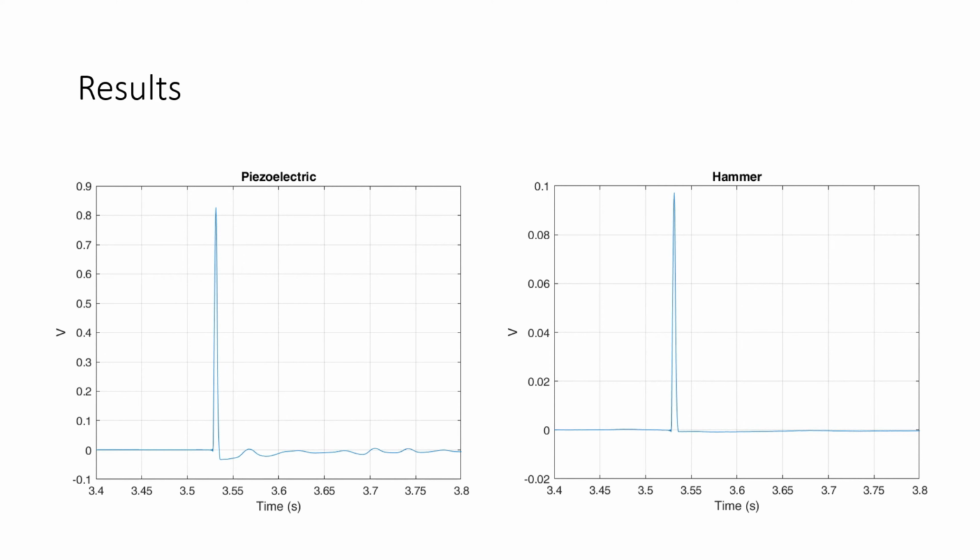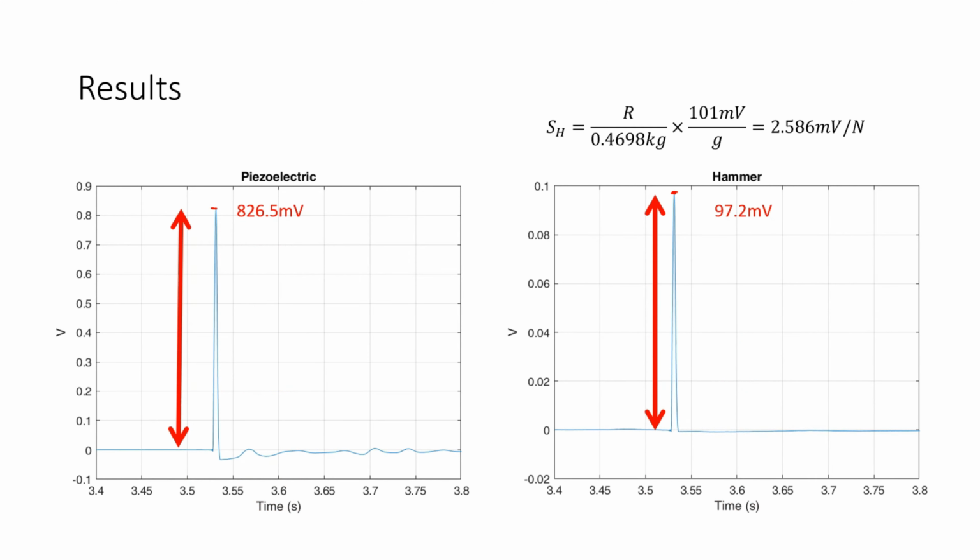So when it comes to the experimental results, what we're interested in is the values of the voltages from the hammer and the piezoelectric accelerometer. These are impulse type loads for the moment of the impact, and we record these values. They turn out to be 97.2 millivolts for the hammer and 826.5 millivolts for the piezoelectric accelerometer.